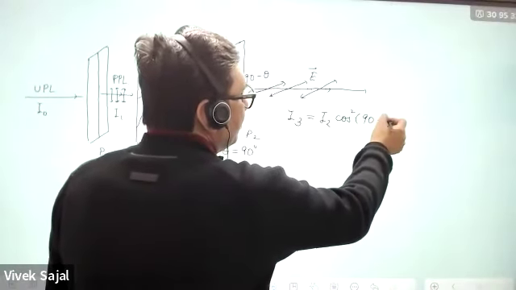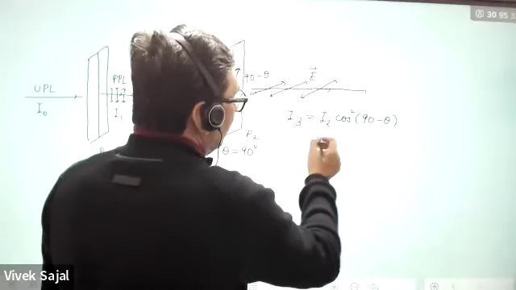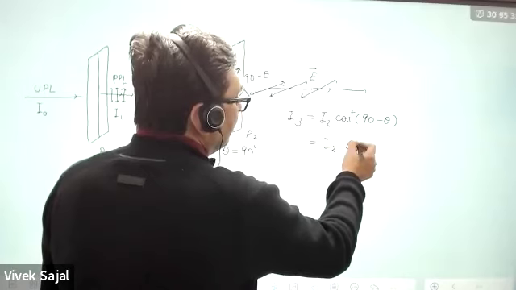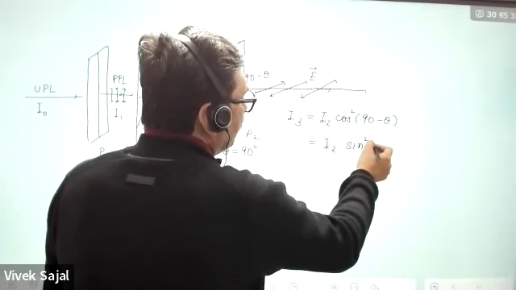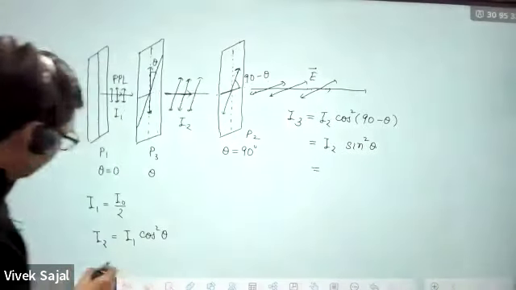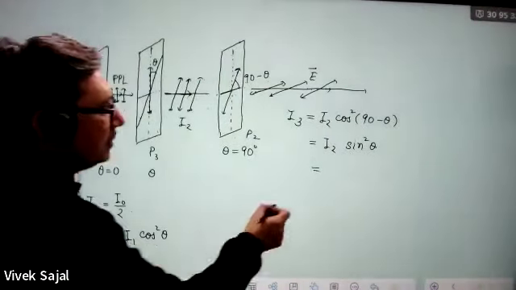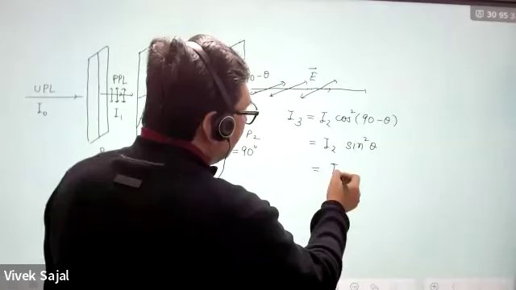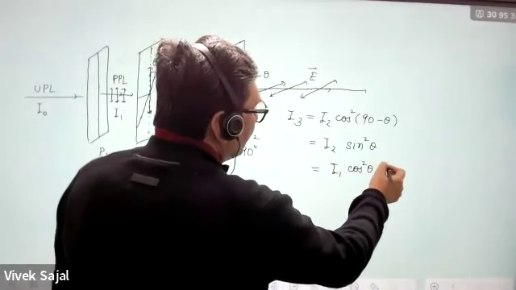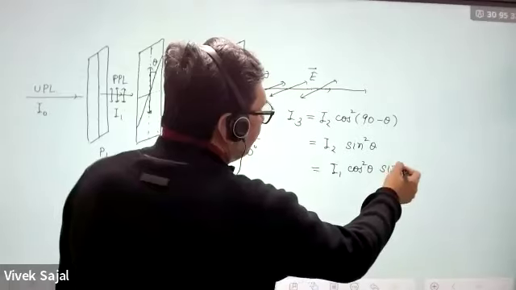And cos of 90 minus theta will be sine theta, so I make it sine square theta. Now substitute the value of I2. I2 is I1 cos square theta. So I write here I1 cos square theta sine square theta.